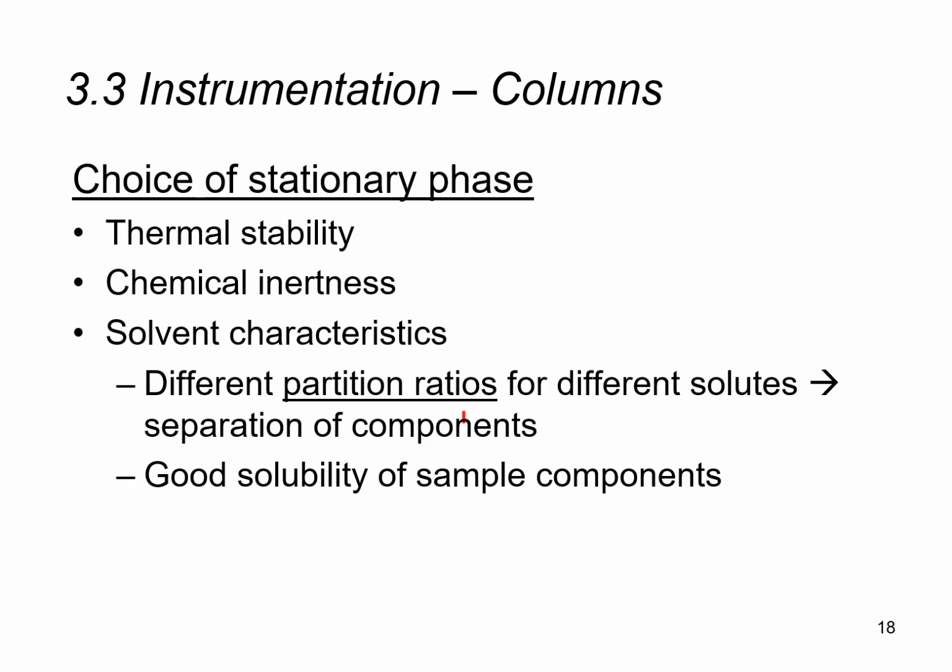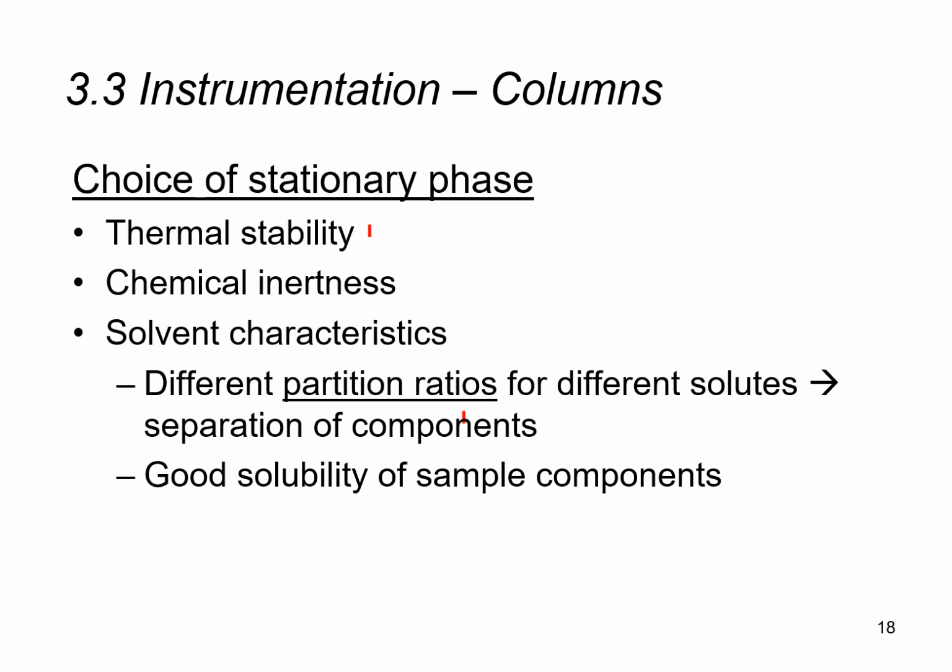Now, when we select columns or select stationary phase, there are several criteria that we have to consider. The first is thermal stability. Thermal stability is a given because we understand that these columns are placed in an oven that are typically run at temperatures between 150 degrees Celsius and about 300 degrees Celsius.